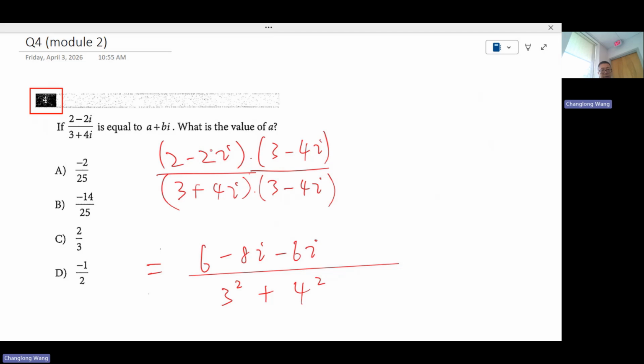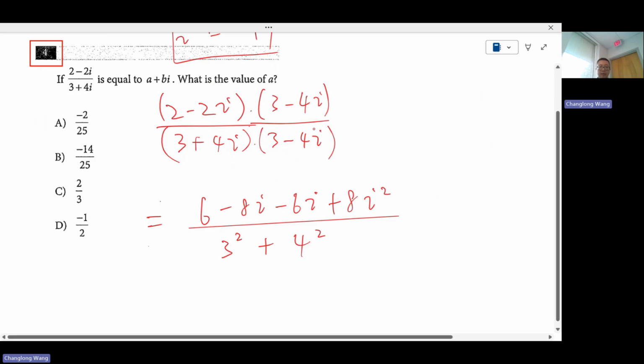You have negative 2 times negative 4, so it will be positive 8. But then you have i squared, right? So you guys remember what i squared is? Negative 1. Yes, that's the imaginary unit. That's what makes all the complex numbers possible.